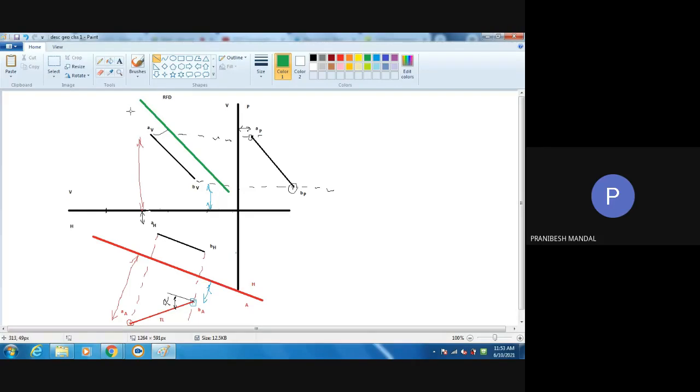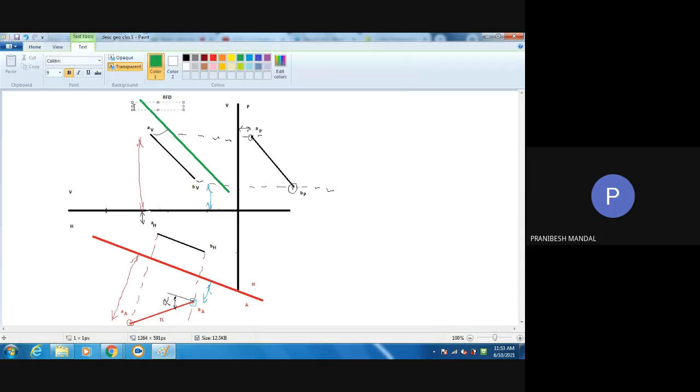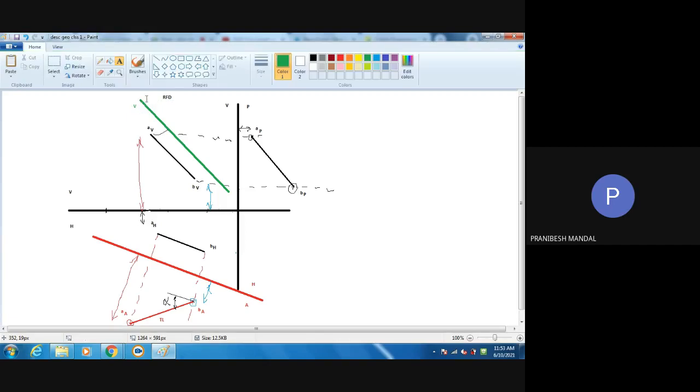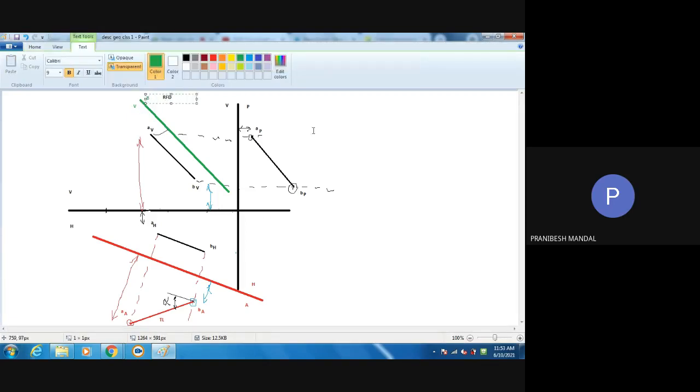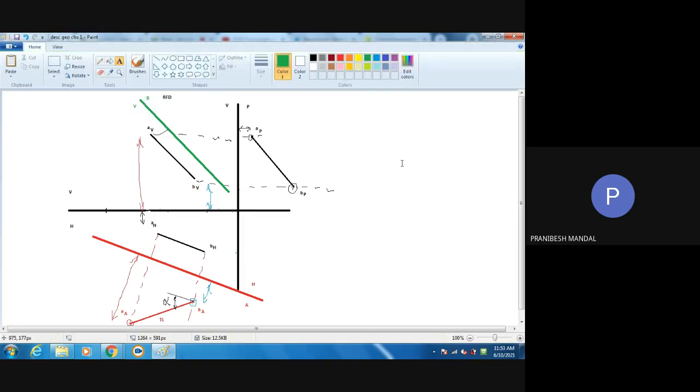This plane can be termed, suppose, VB. No problem in this, right? Yes, sir. Project it again.